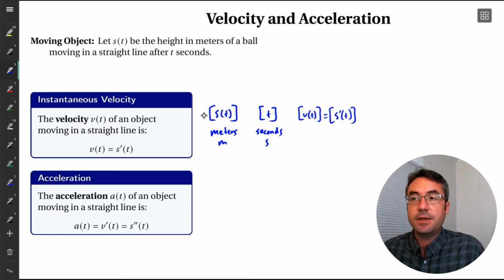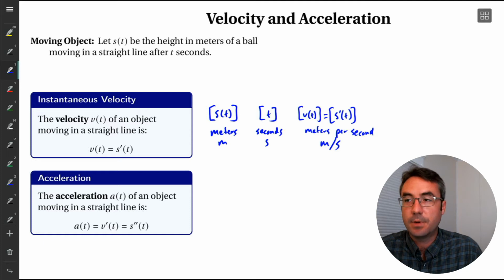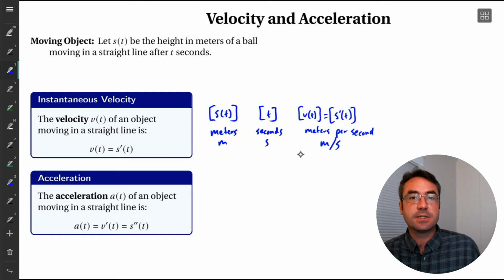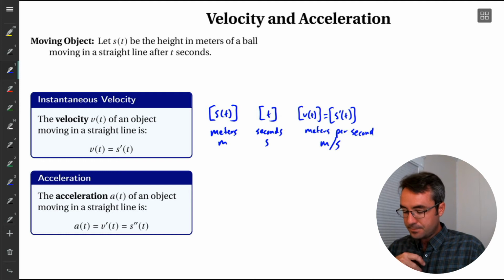Well, it would be the units for s divided by the units for t. So it would be meters per second, or we could write that as m/s with the abbreviations. That would be our units in this little example for the velocity of this moving object.